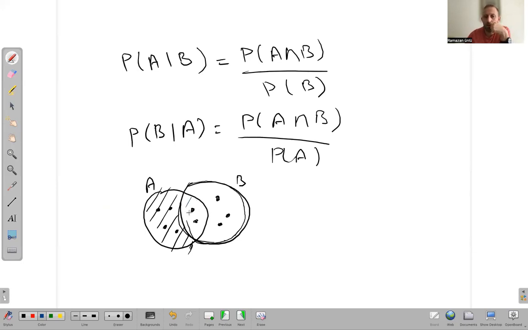This part, these two points. And what is this part? This is A intersect B.